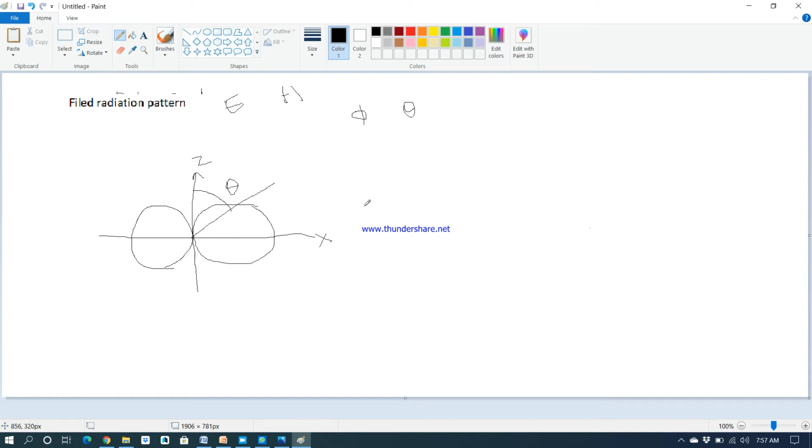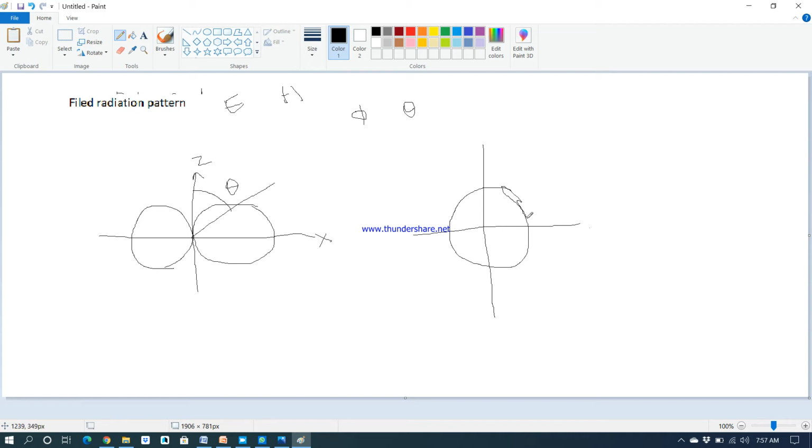So what about the H plane? Here the x and y axes come into the picture.